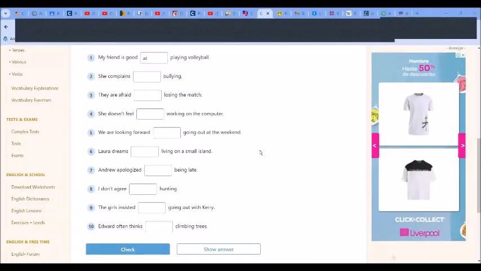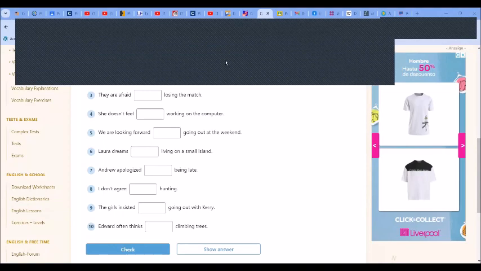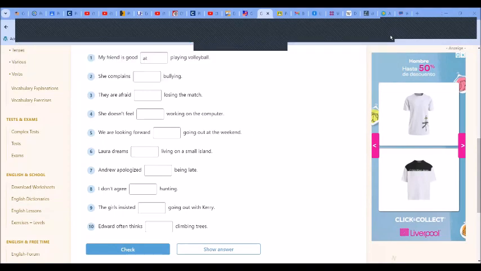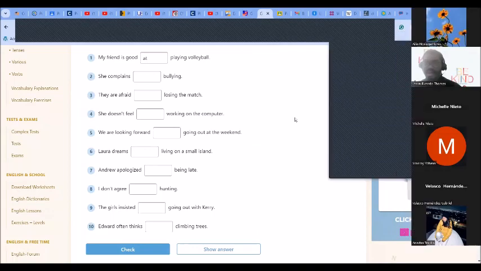Number 2, which preposition do you think would best complete sentence number 2? All right. And while Eileen is typing, Michelle, you're number 3. Johanna, you're number 4. Gabo, you get number 5. And Adi, number 6. So you guys can start thinking.